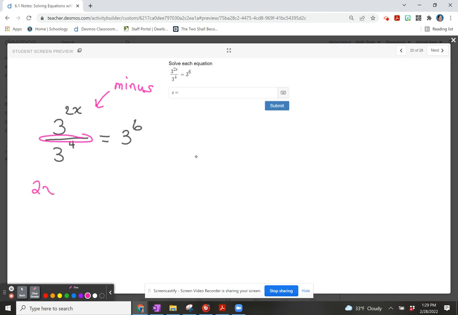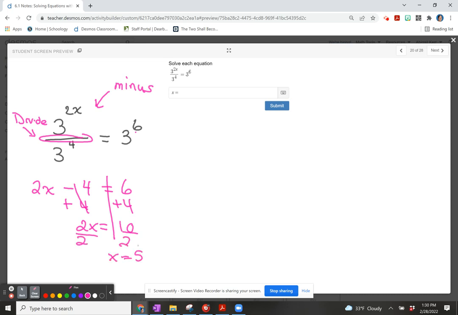Now do the 2x minus the 4, and then don't forget the equals 6. So when we divide same bases, we subtract the exponents. So then we have 2x equals 10. And now it's just a one-step, which is x equals 5.